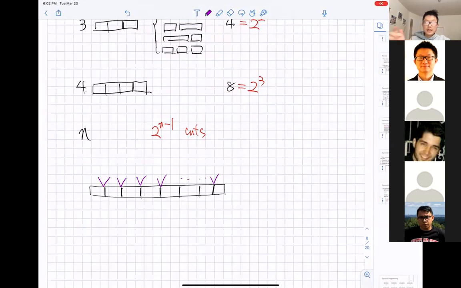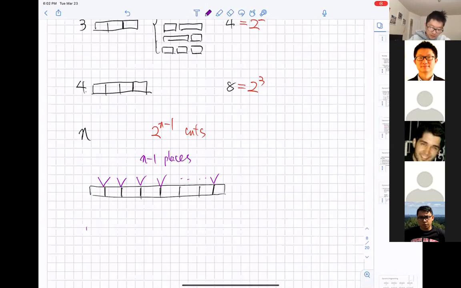So basically between any 2 consecutive units, we can decide either to make a cut or not. So how many places are there for us to make a cut or not? n minus 1. Yes, in total n minus 1 such places.